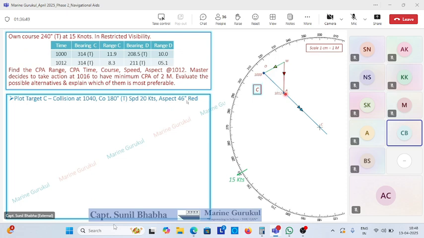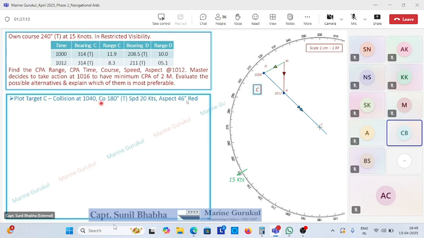So Oscar to Alpha distance is covered by the target in 12 minutes. We find out how much time the target would take to come to Charlie, and that would give us the time to CPA. So we obtain from the plot that target Charlie is on a collision course and the collision is predicted at 1040.